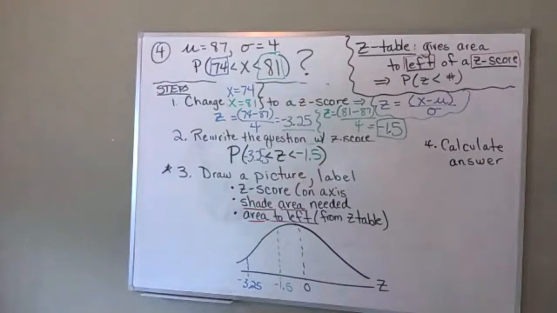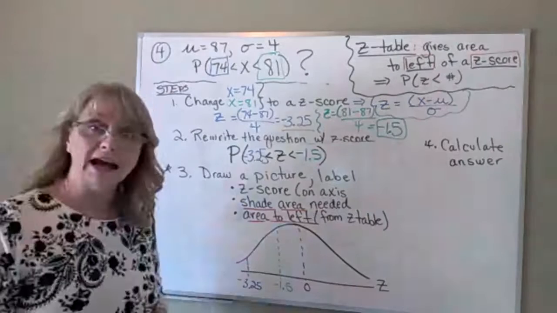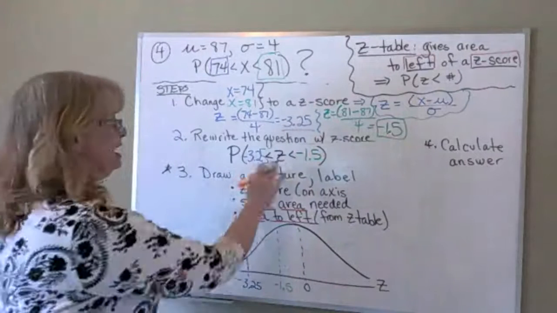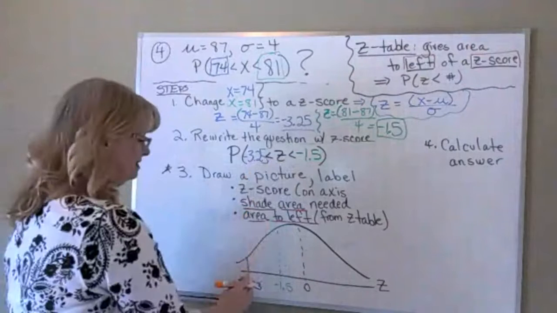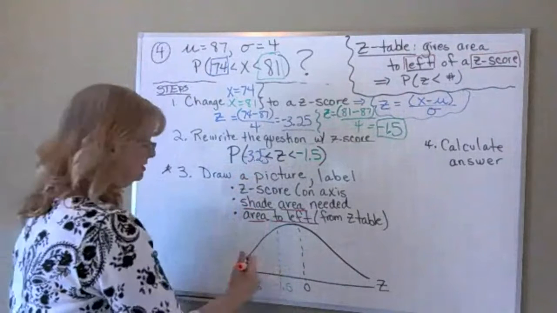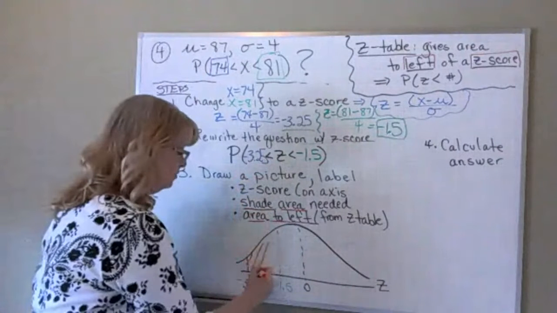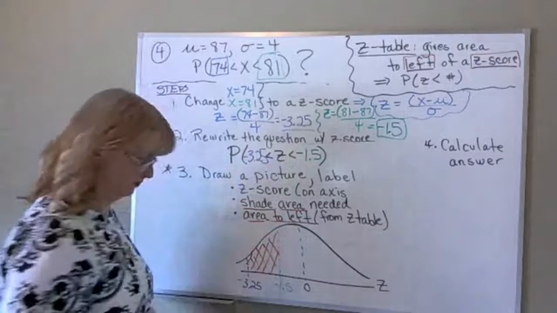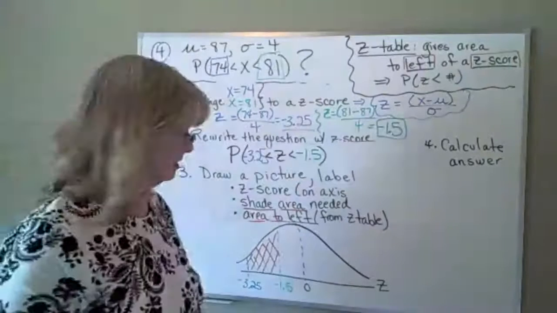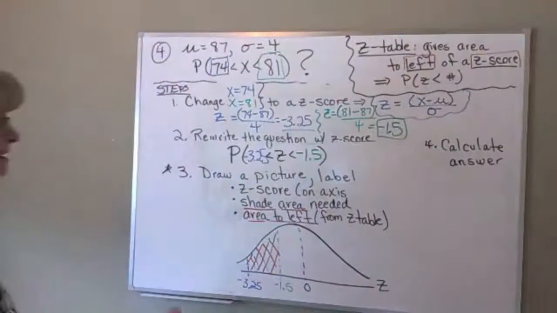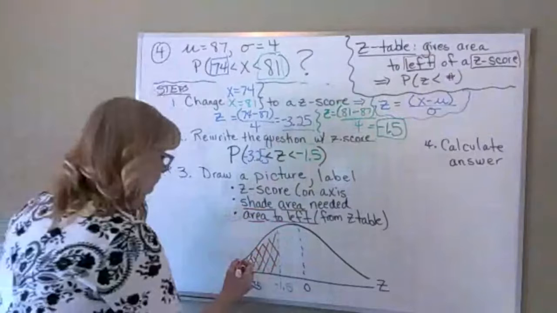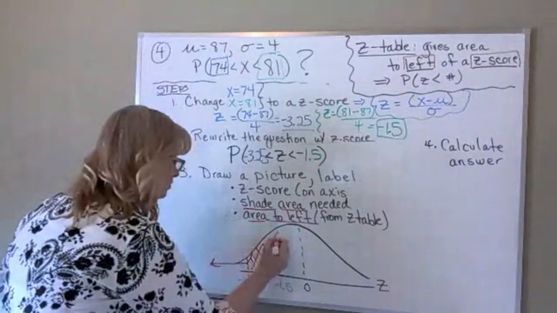And then I'm going to shade the area that I want. I'm going to shade in orange to be consistent. And I want the area that's bigger than this blue z-score but smaller than this. So what I'm really looking for is this area here. Always shade the area you're looking for. And then when I look up area to the left, I'm going to look that up for both z-scores.